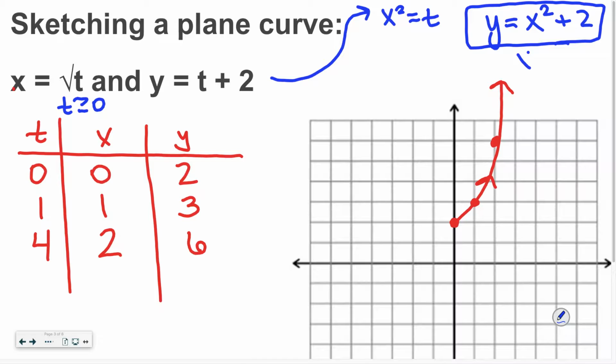So we would need to say, as a part of our equation, that yes, we have this y equals x squared plus 2, this parabola, but it's only for x greater than or equal to 0 based on the domain of our parametric equation set. So if there's any sort of square root in your parametric equation, you do need to consider how that would affect the domain when you eliminate the parameter.